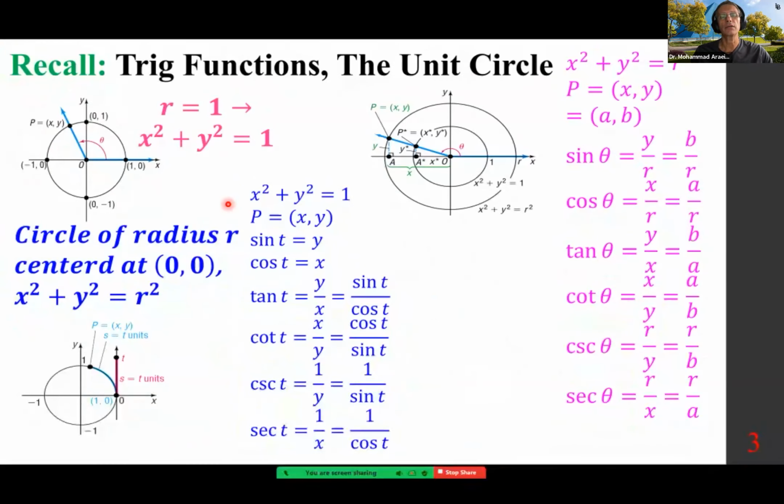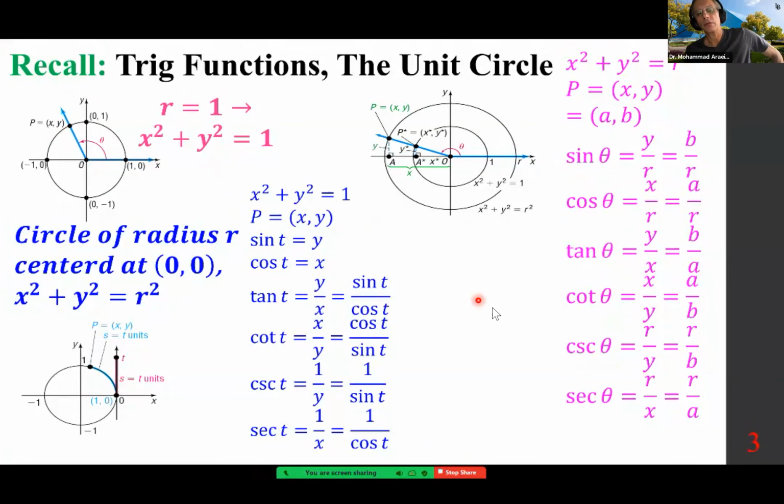Okay, class, and therefore we have all of these formulas that you see. P has coordinates x, y. Sine is y, cosine is x. So that's the main part which gives rise to the rest of it.